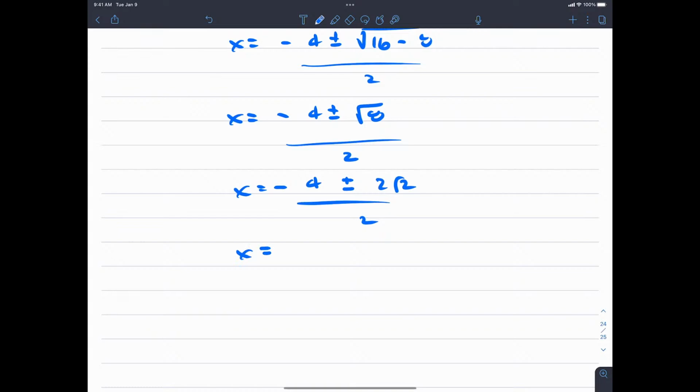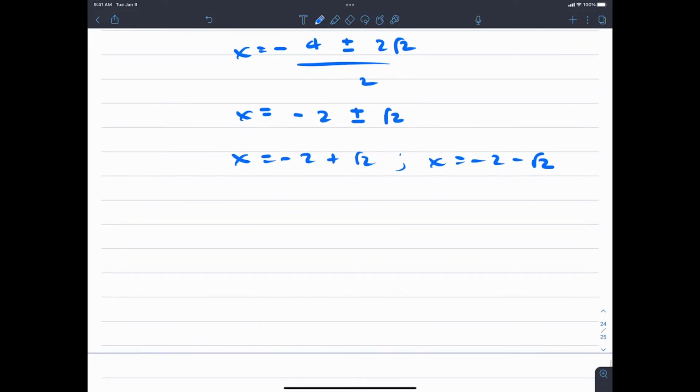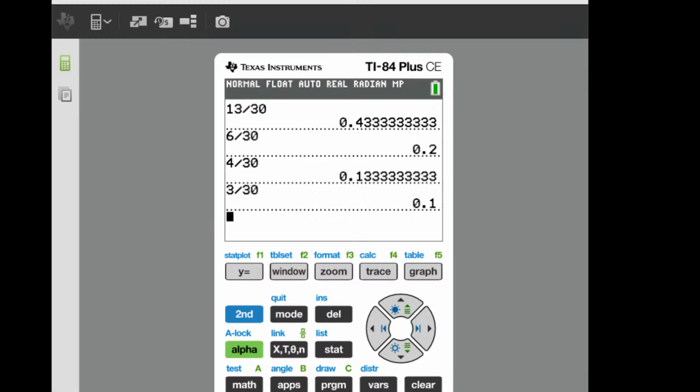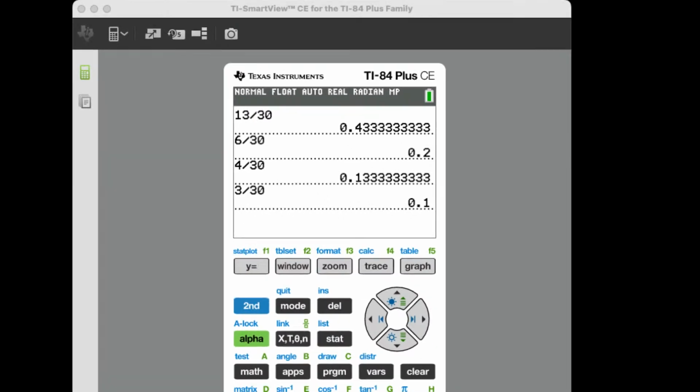So x is going to be negative 2 plus or minus the square root of 2. And that's x is negative 2 plus the square root of 2, x is negative 2 minus the square root of 2. Is that true? So these are all what? Let's find out what that is. I'm going to approximate these here.